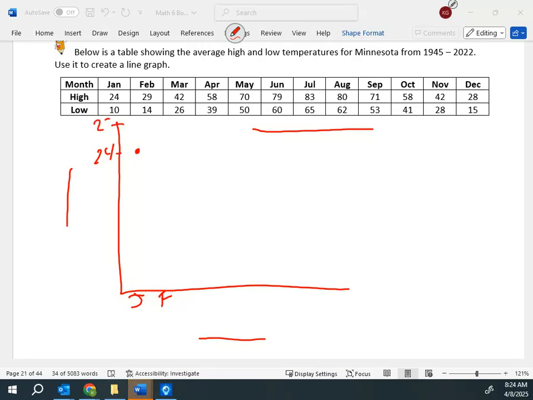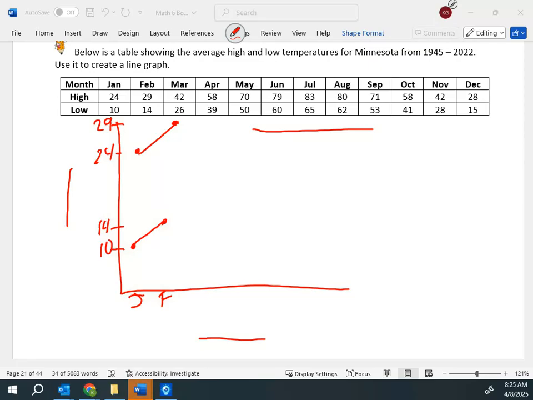So if this was my 29, I'd go up here and I would connect my points to make that line segment. Do all the highs, do your line for that. Then do all the lows, so this is the 10 and this is 14. You will end up with 2 different lines, showing the highs and then showing the lows.